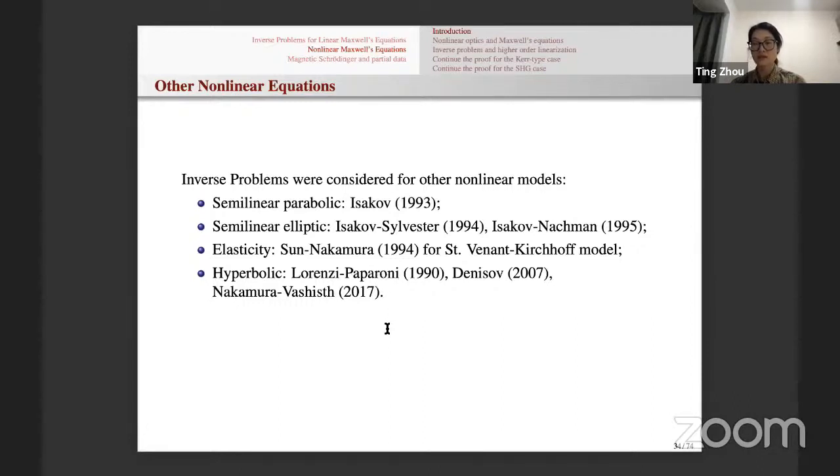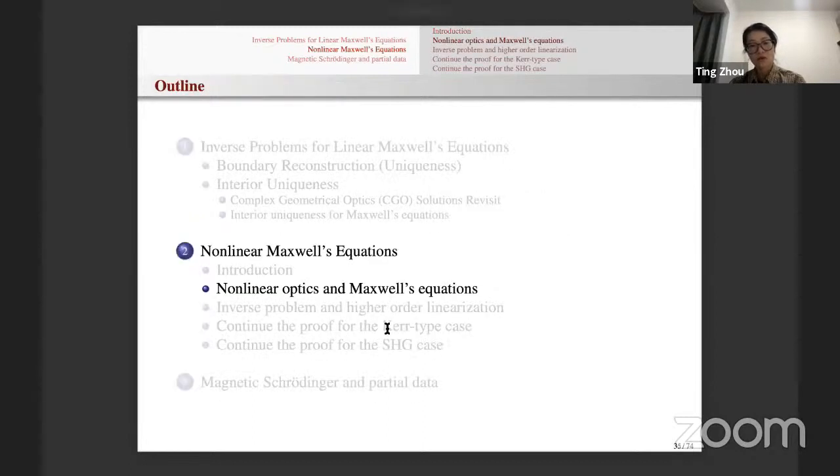They didn't look at the next terms in these expansions of the boundary DN maps. So later this method was picked up by looking at higher order linearization, which has led to the recent surge of discussion of inverse problems for nonlinear equations. So that's the whole story.